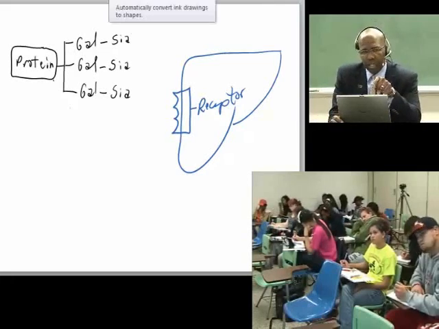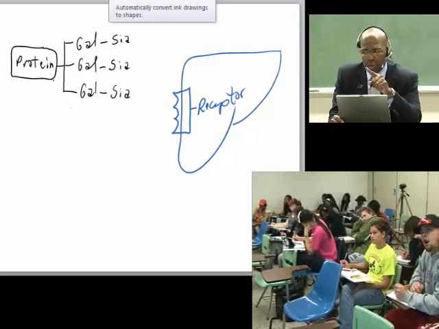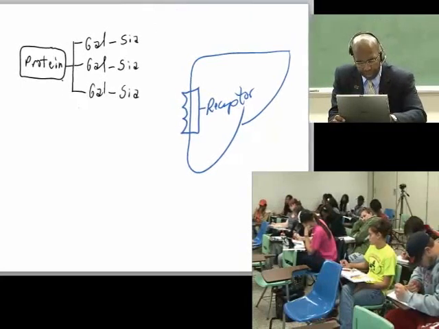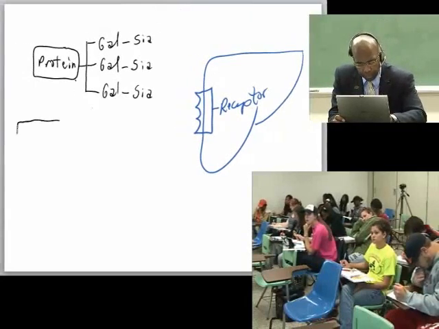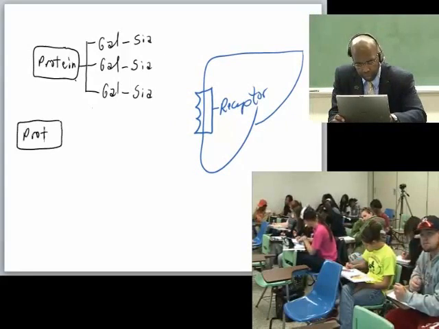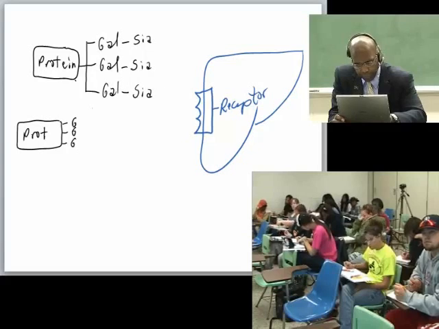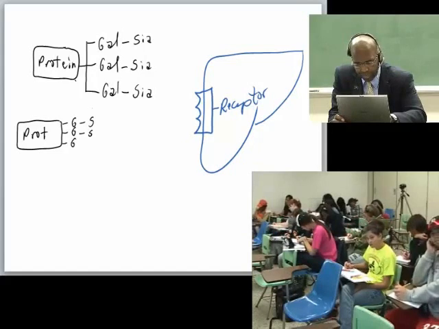Now what's going to happen? As this protein goes through circulation, something is going to happen to it. Here we have our protein, 1, 2, 3. I'm just going to put G for our galactose, and SIA for sialic acid.